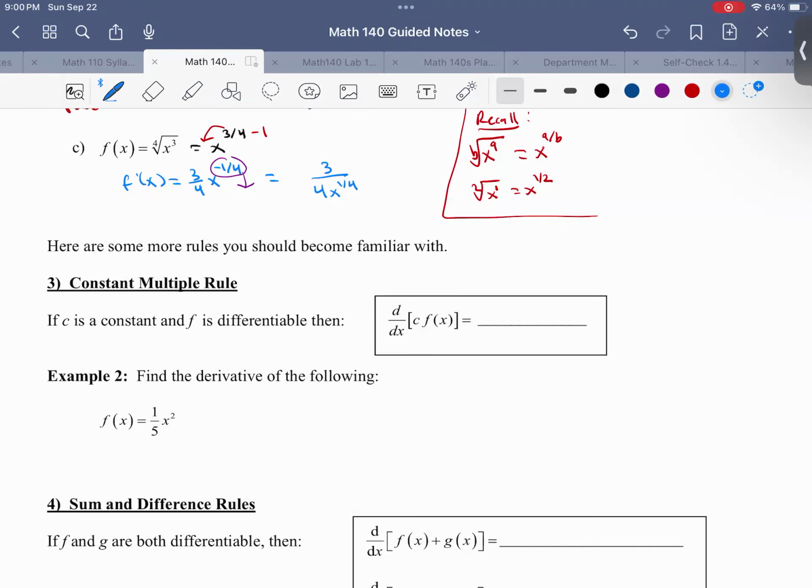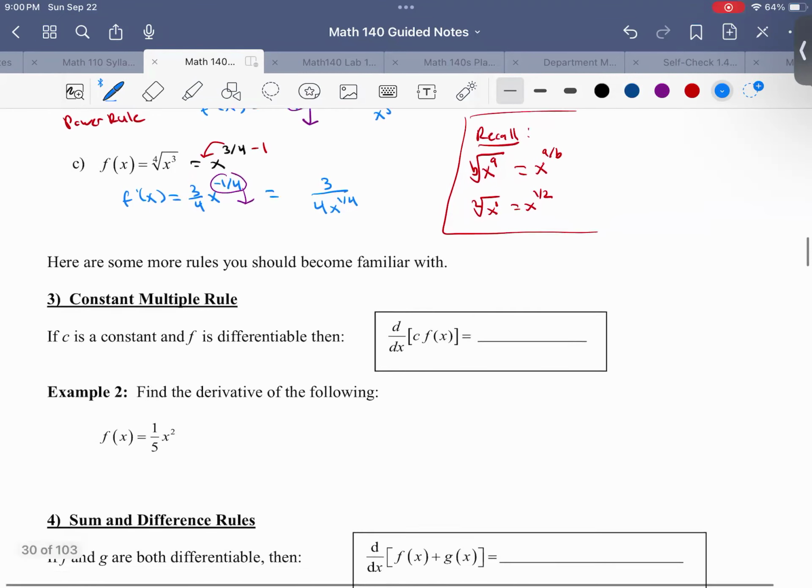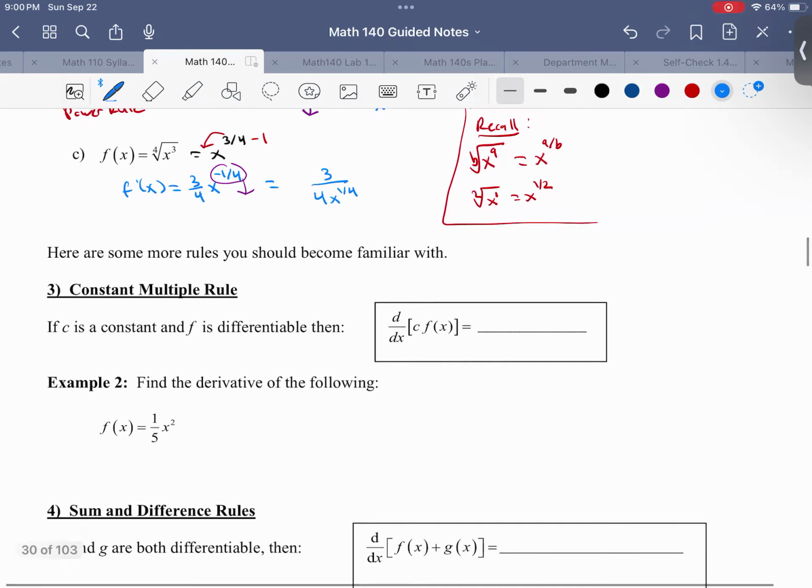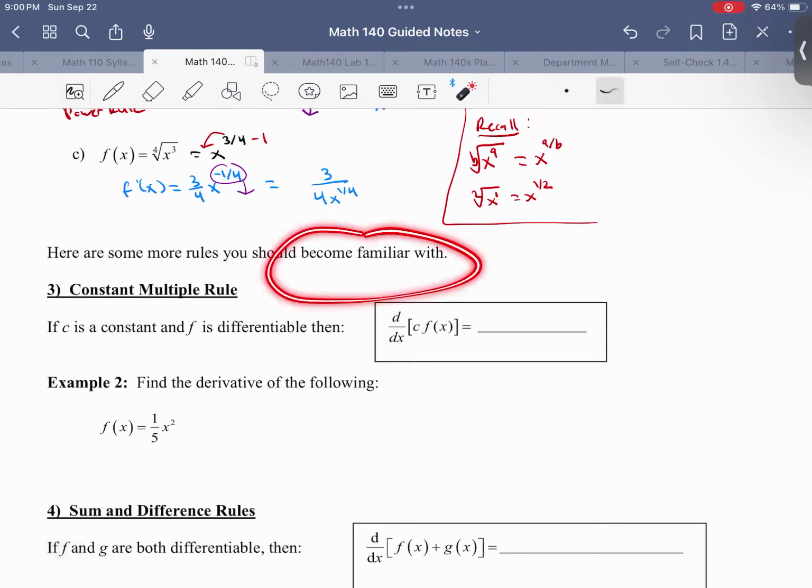Okay, welcome back. So here we're going to be going over some more rules of derivatives that we should become familiar with, because we're going to be using them quite a lot in our problems that have to deal with derivatives and applications.